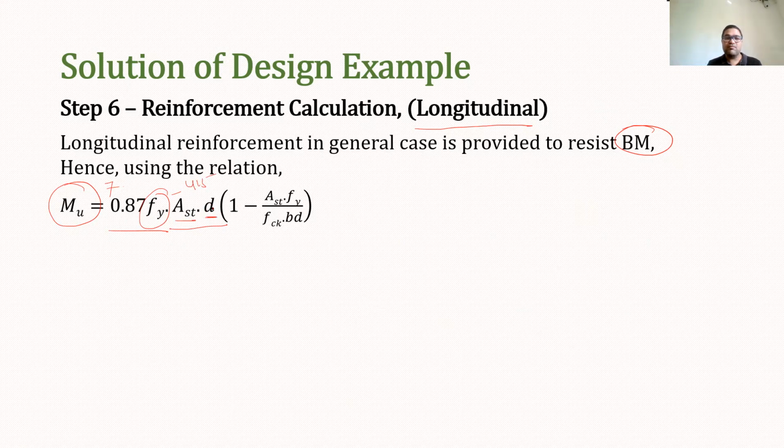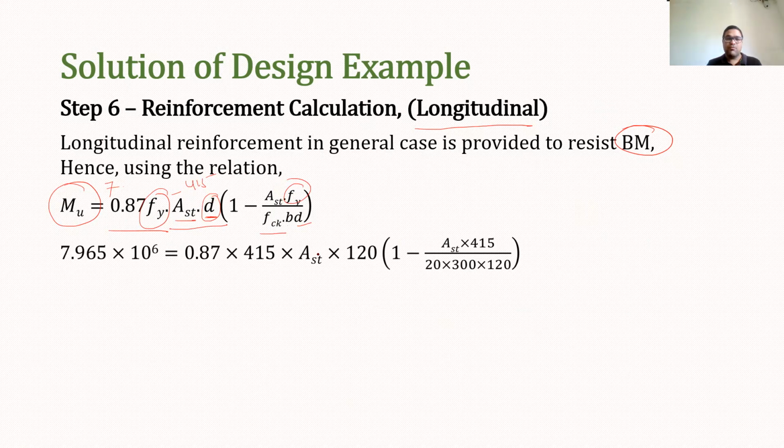D will be the new D that we have adopted, D provided, which is 120 mm, and Fy is again 415, Fck is 20, B is the width of beam, D is the D provided of the lintel beam. So putting all the values here, the only unknown value is Ast.